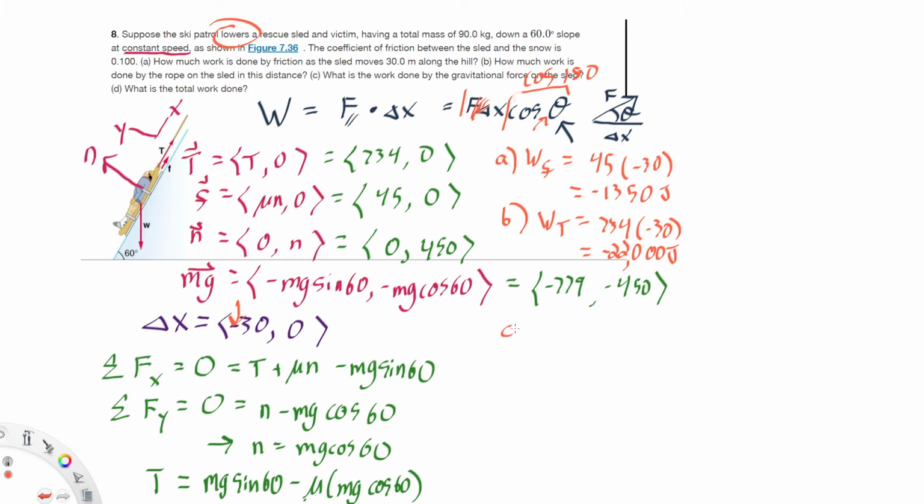All right, so work done by the gravitational force is negative 779 times negative 30. So this is going to be a positive work, because our two negative signs will cancel out.